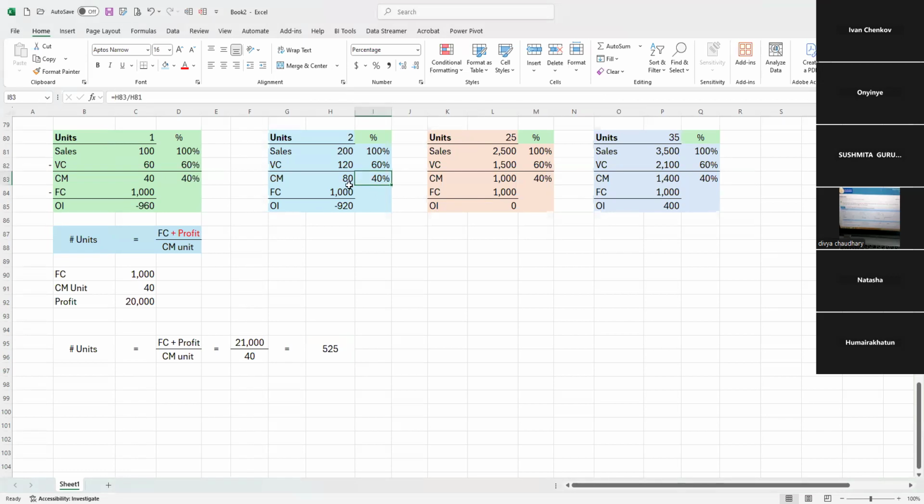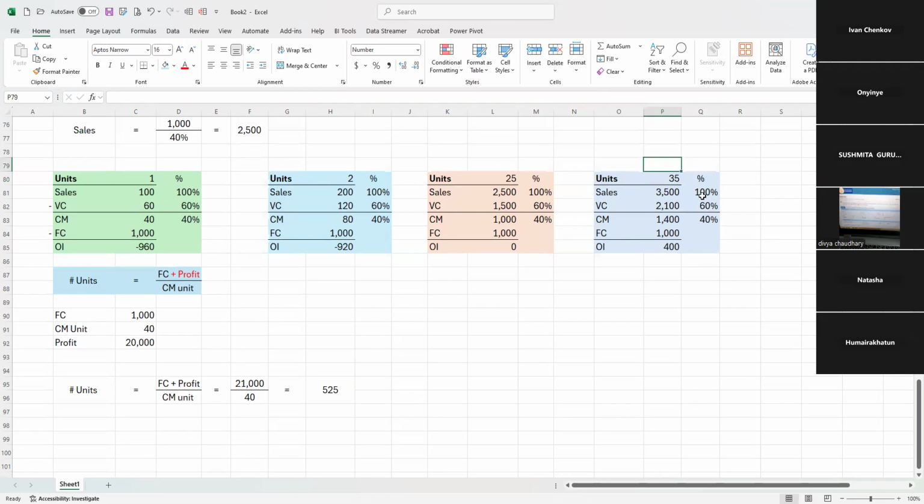So what that means is, if we get here 525 units, our income should be 20,000.